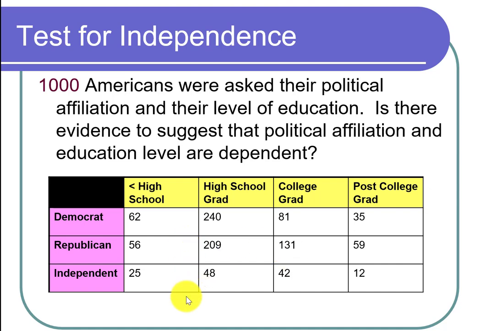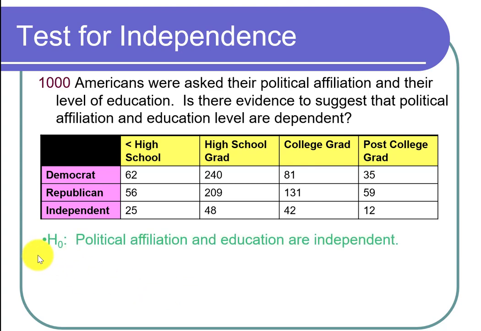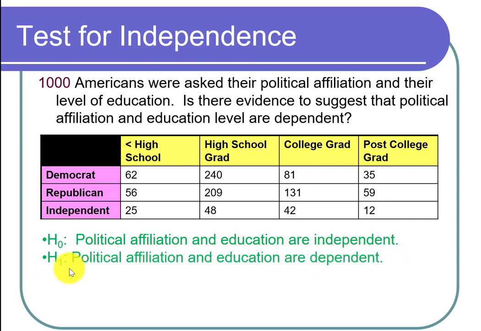So now let's state the null and alternative hypotheses. H naught, the null hypothesis, is political affiliation and education are independent. And H1 is political affiliation and education are dependent.